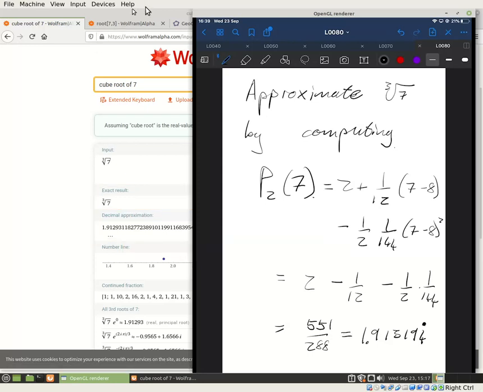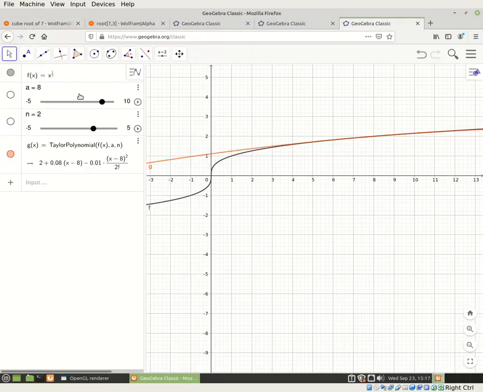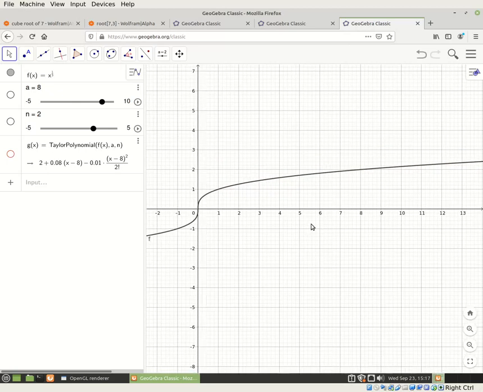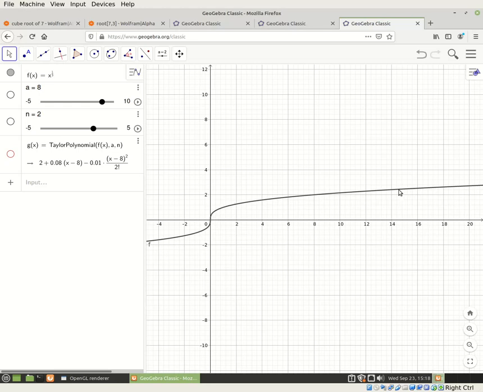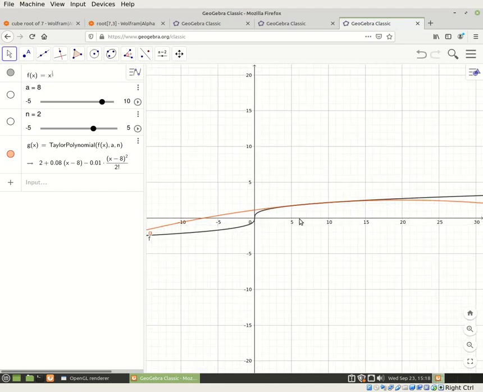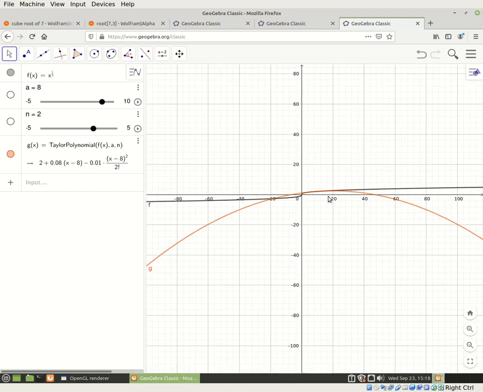Okay. And maybe let us also take a look at what we've got here. Here I have plotted the function f, which sends x to the cube root of x. So here is the graph of f. And the second degree Taylor polynomial about 8 is a parabola. If we zoom out, we should be able to see that it is a parabola.